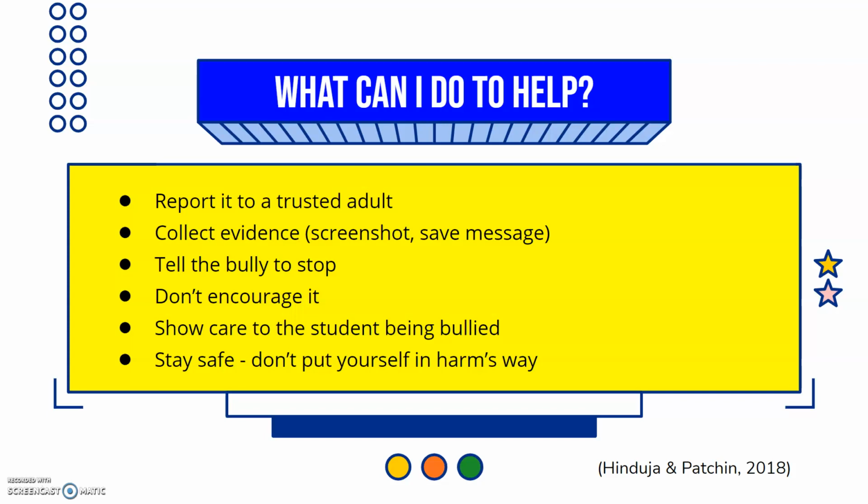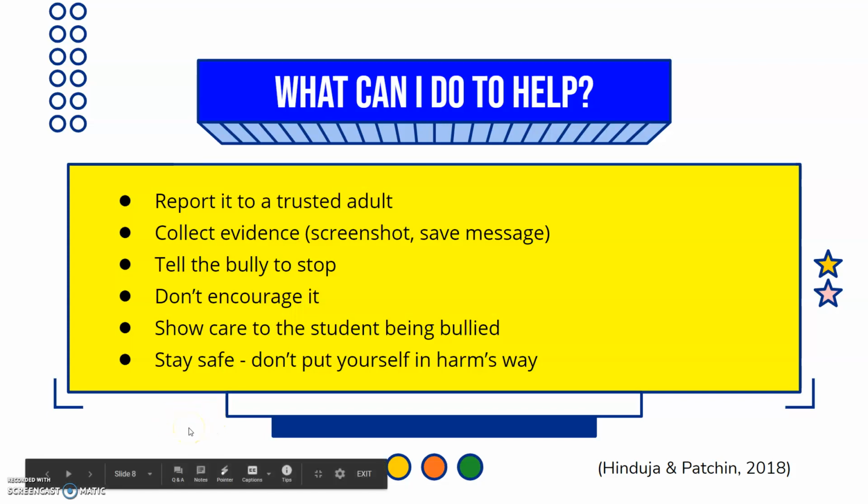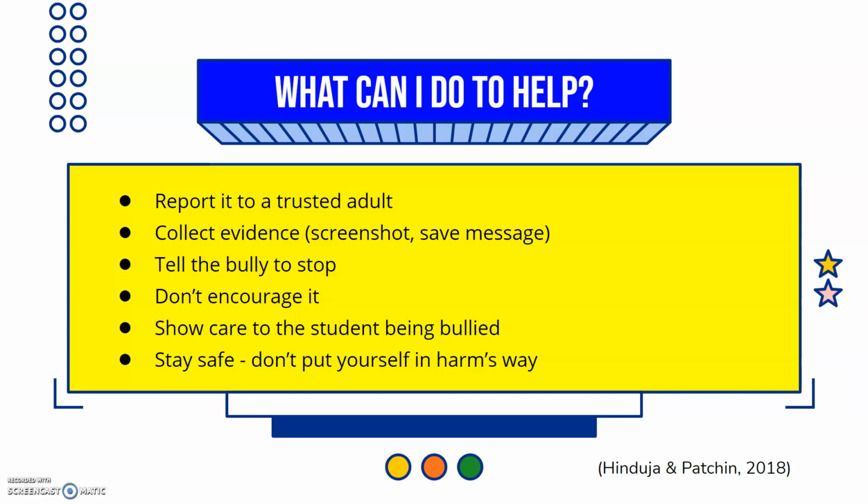So you take a screenshot or save the message or screen record on your phone, anything that you can use to show somebody what's happening. You can tell the bully to stop and try to intervene that way. Make sure that you are always not encouraging it. So try not to go along with it or laugh, anything like that that can make it worse.